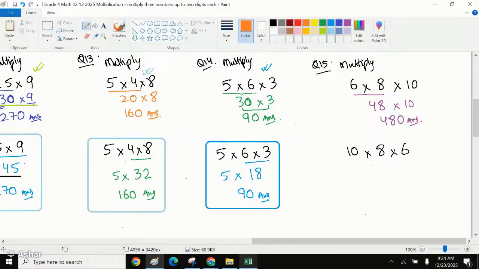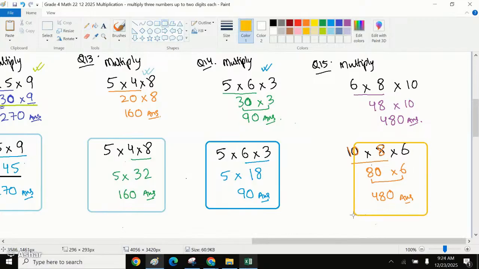Okay. Let's see the other way around. 10 times 8 is 1 multiplied by 8 is 8. There was 1 0. We put 0 multiplied by 6. 6 times 8 is 48. There was 1 0. We put down the 1 0. And we still get the same answer.